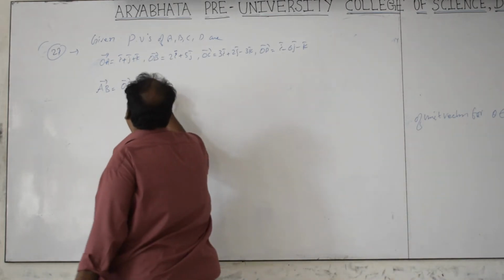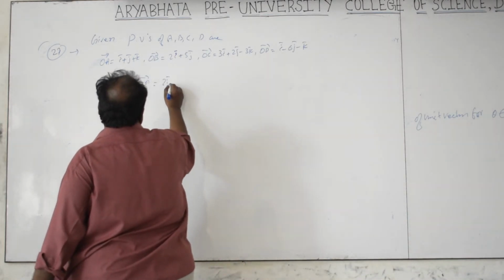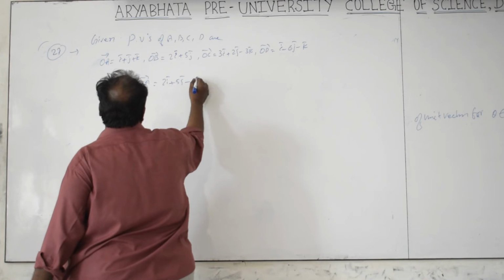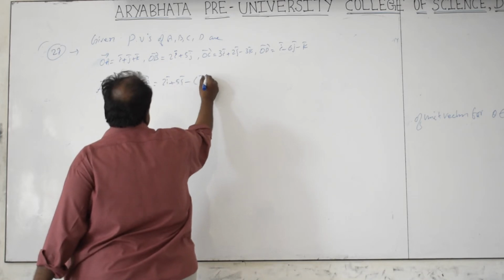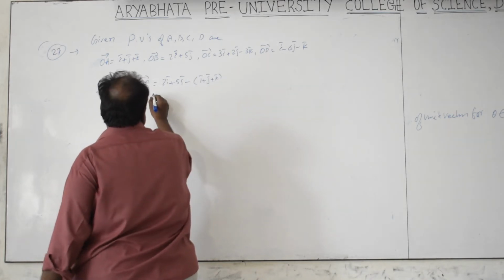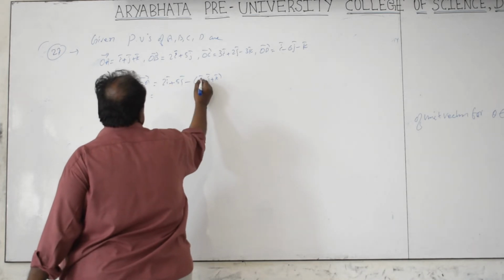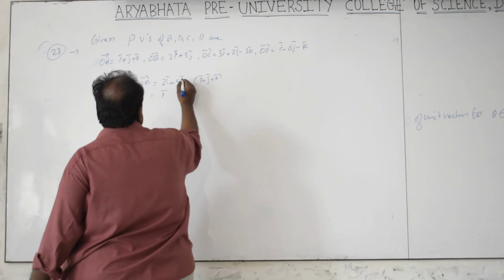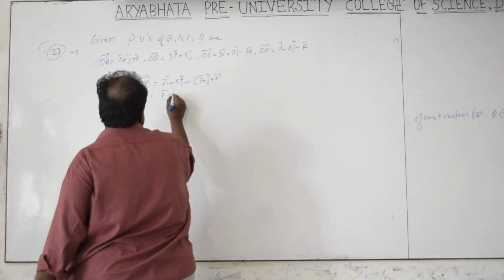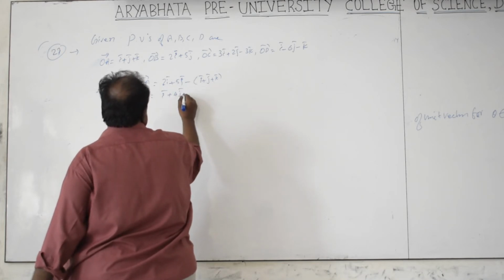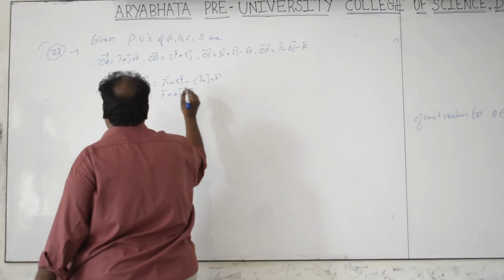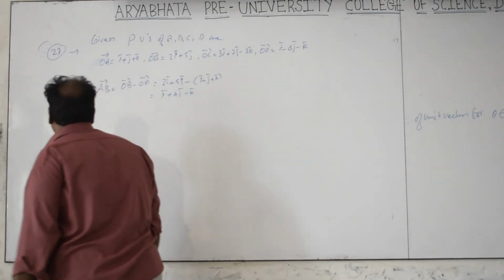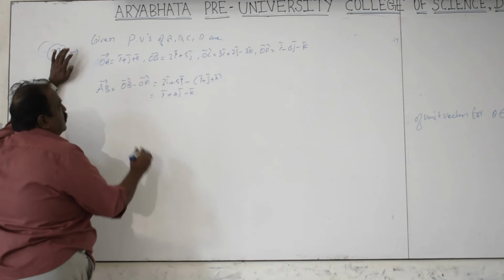Here it is 2i plus 5j plus 4k minus (i plus j plus k). 2i minus i is i, 5j minus j is 4j, 4k minus k is 3k. That is AB bar.